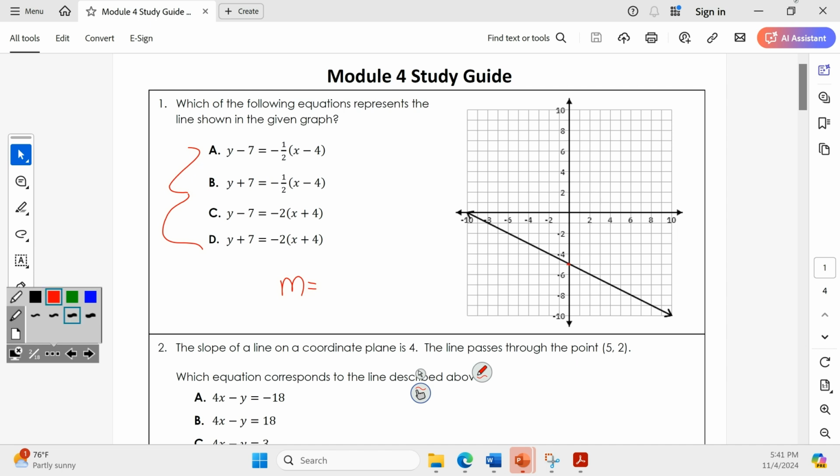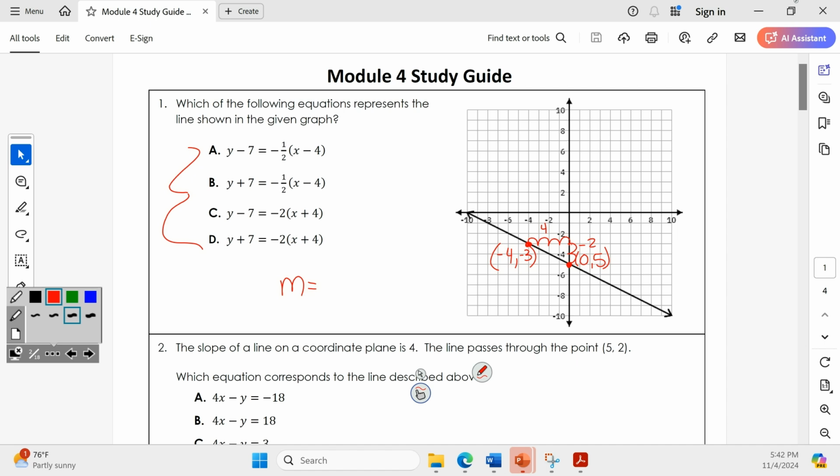Well, if I choose this point, which is the point 0, 5, and if I choose this point, which is -4, -3, can I determine what the slope is? So I'm going to go over 1, 2, 3, 4, and then I went down 2, so -2.